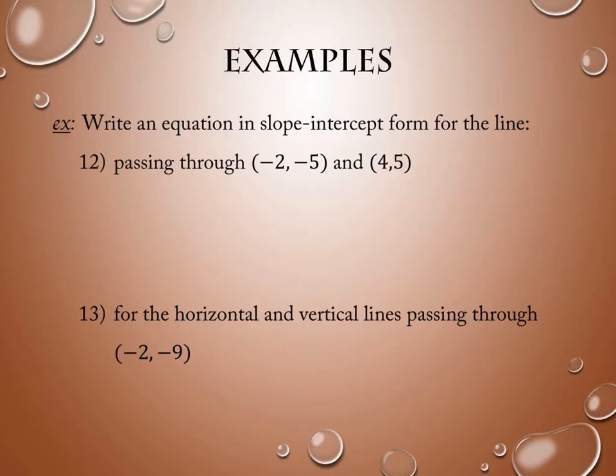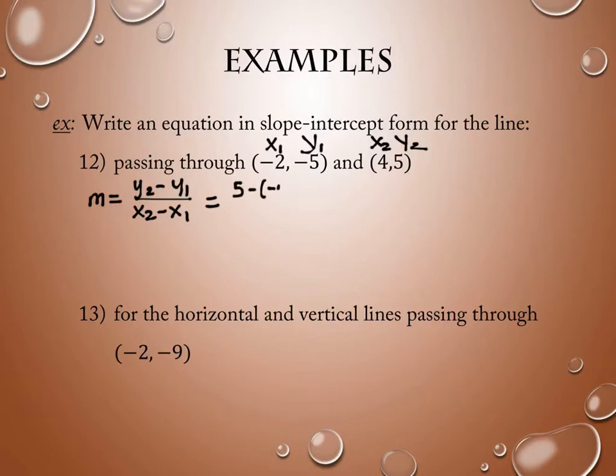y2 minus y1. Awesome. Okay, so we'll first find our slope. y2 minus y1 over x2 minus x1. And we'll label them the way we did before, x1, y1, x2, y2. So what's my y2? 5 minus -5.